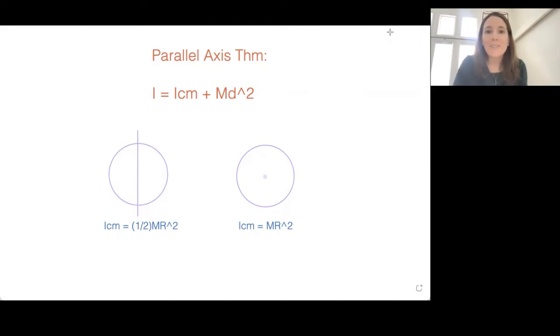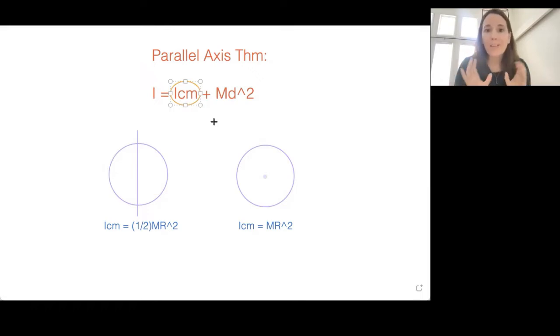Okay, so as you can see from what I've drawn here, when we use the parallel axis theorem, this first term, ICM, comes from our tables of moment of inertia, and we need to use the object and the moment of inertia for our object that has an axis parallel to ours.